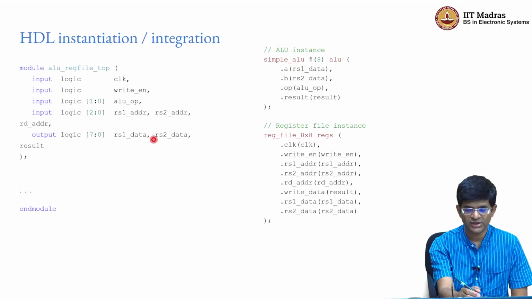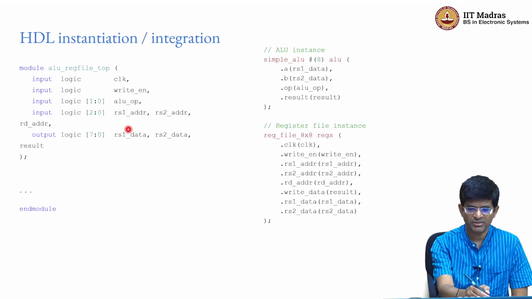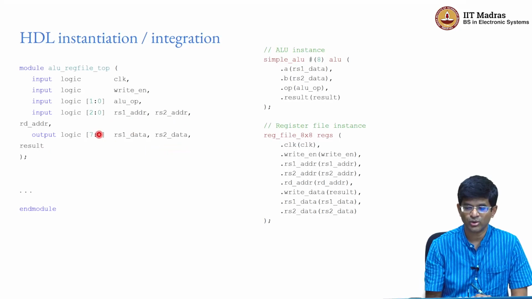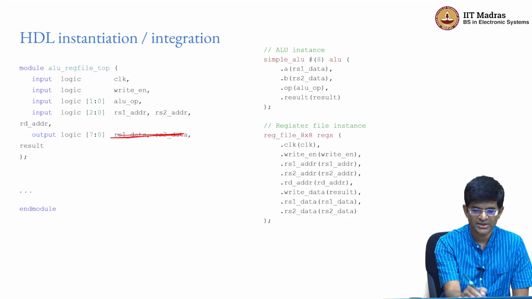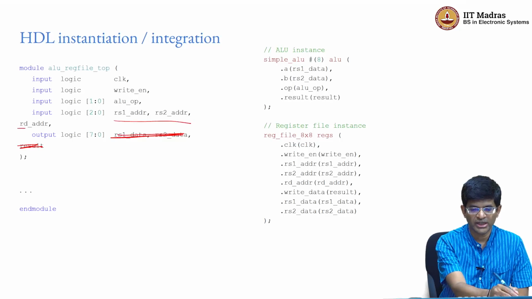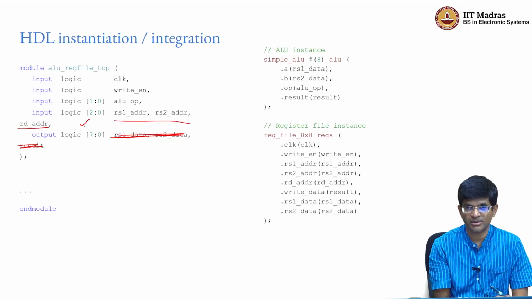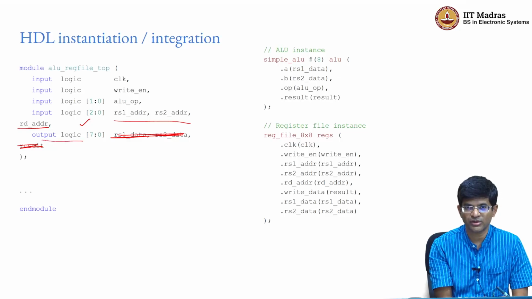The output of this is basically the RS1 data, the RS2 data and the final result, okay? Now if you look at it, actually speaking, RS1 data and RS2 data probably do not need to go as outputs of this module. So you could say that I don't really want these two values to be outputs. I don't want this to be an output either. I could choose this, but it would primarily be if I wanted to do some kind of debugging.